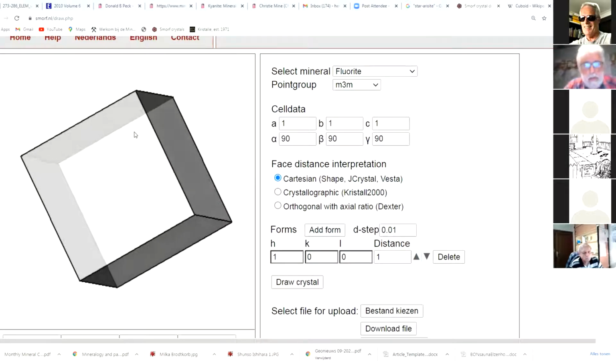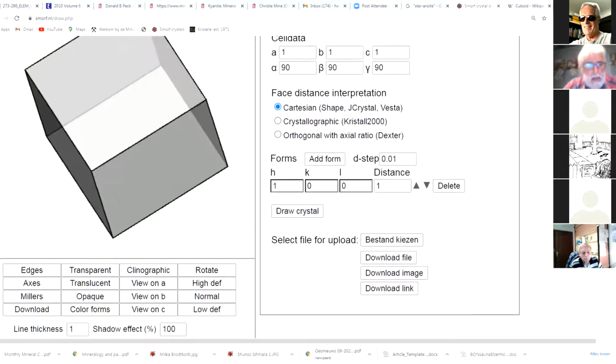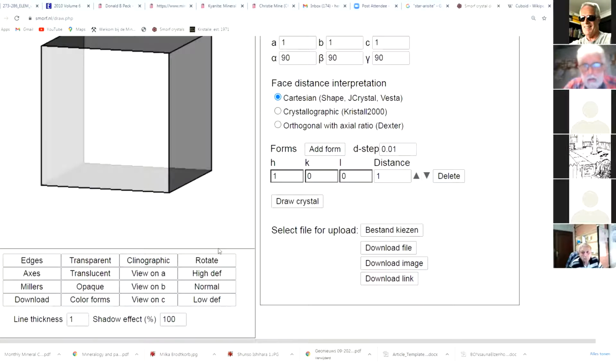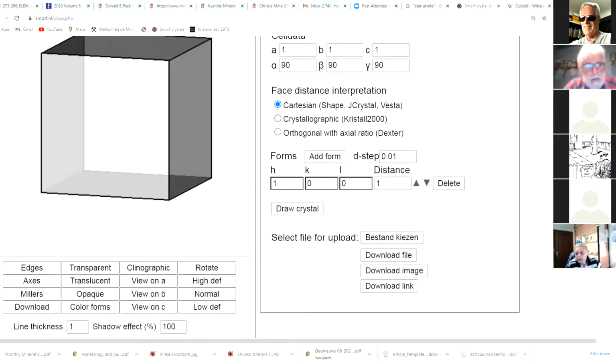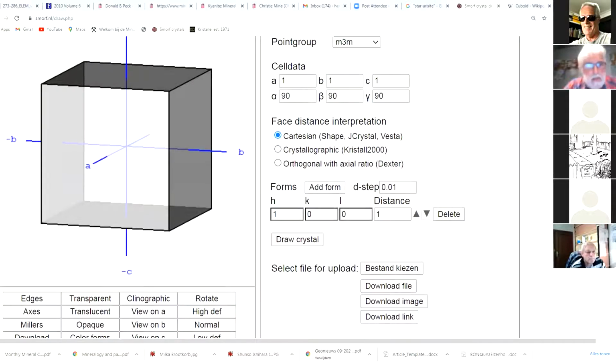Oops, sorry about that. Okay, so let's have a look at what we can do here. I'll rearrange my crystal here. Okay, so what can we do here? Well, if we click on axis, you get to see the axis, okay?